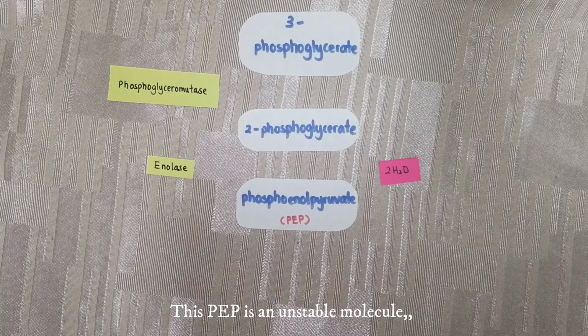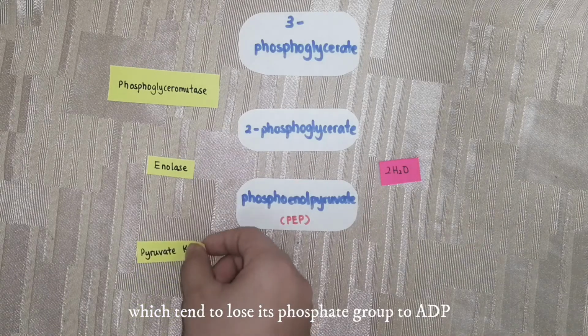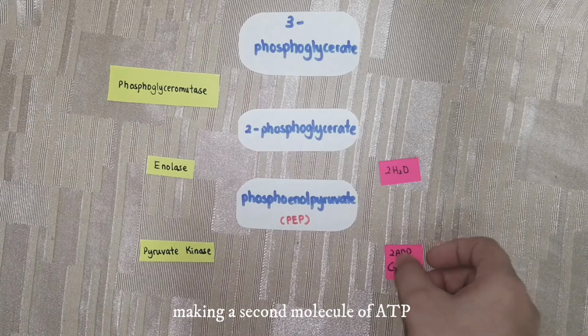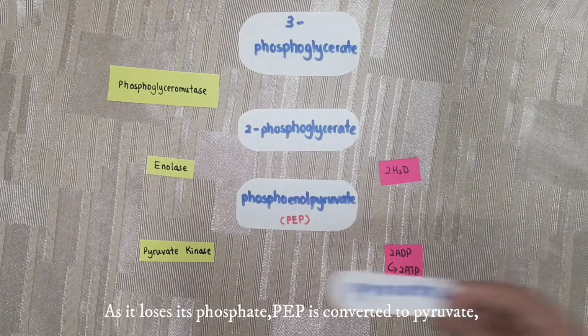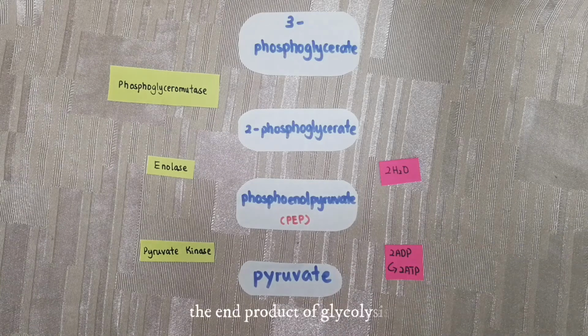This PEP is an unstable molecule, which tends to lose its phosphate group to ADP, making a second molecule of ATP. As it loses its phosphate, PEP is converted to pyruvate, the end product of glycolysis.